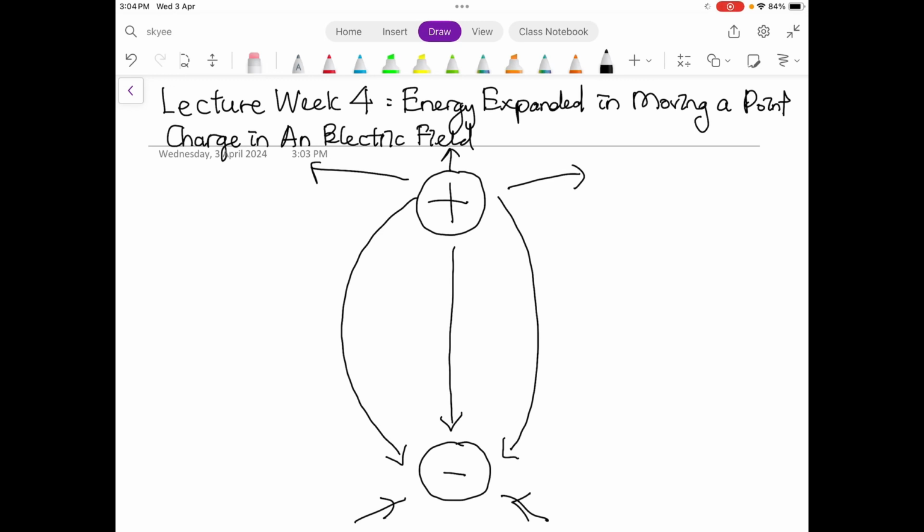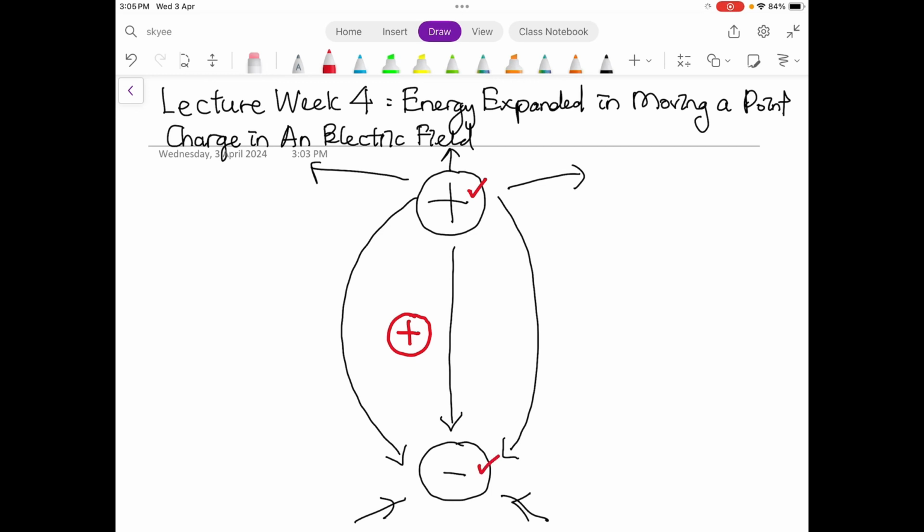Now imagine I put a positive charge here. This positive charge will experience a force: the positive charge will repel it because they have the same polarity, and the negative one will attract it.